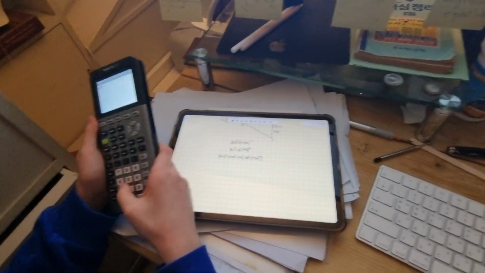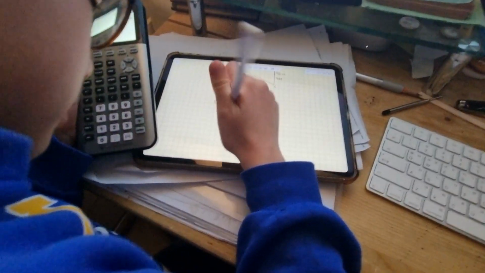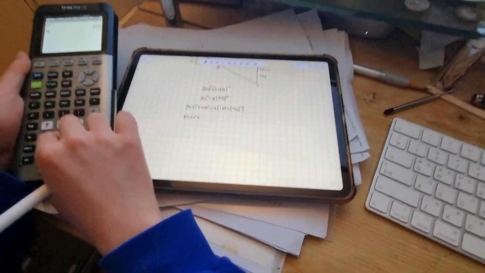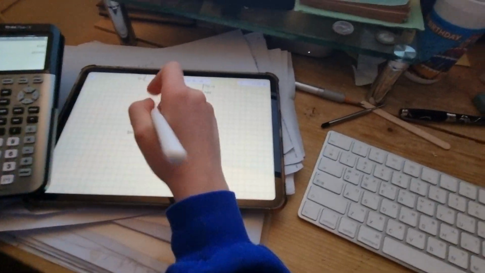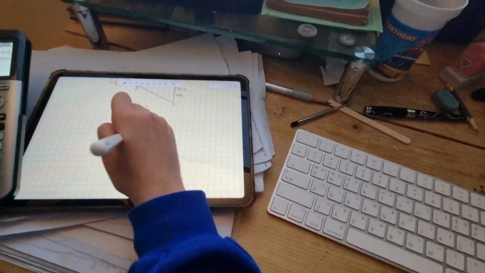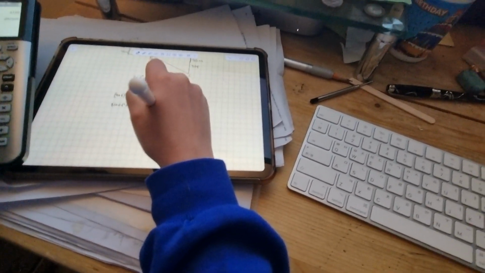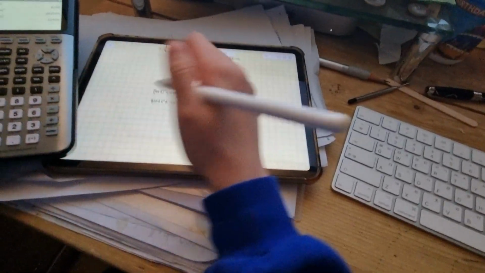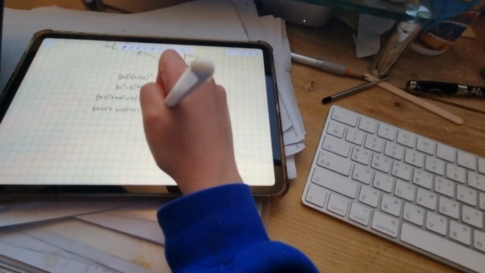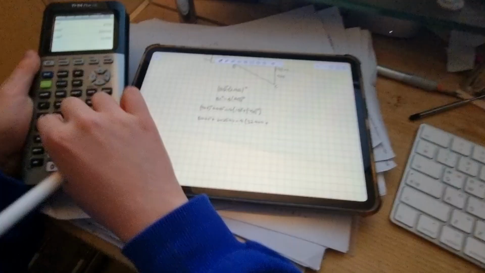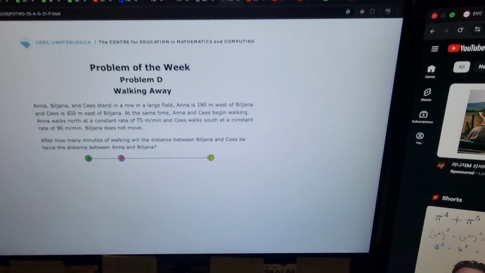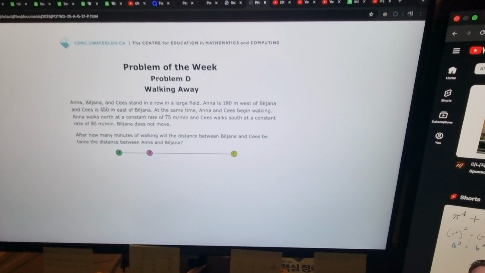So 90 squared, and 4 times 180 squared, which is significantly less, plus 75 squared t squared.